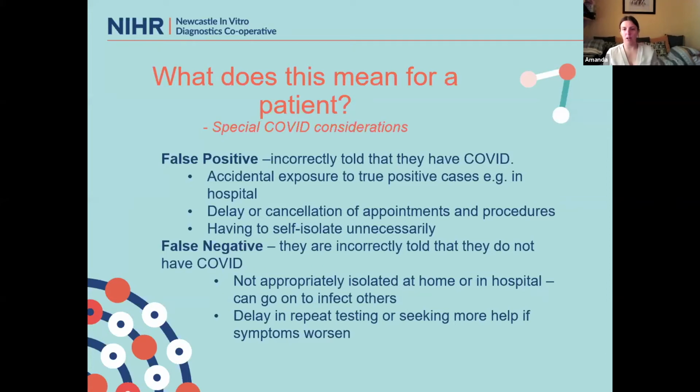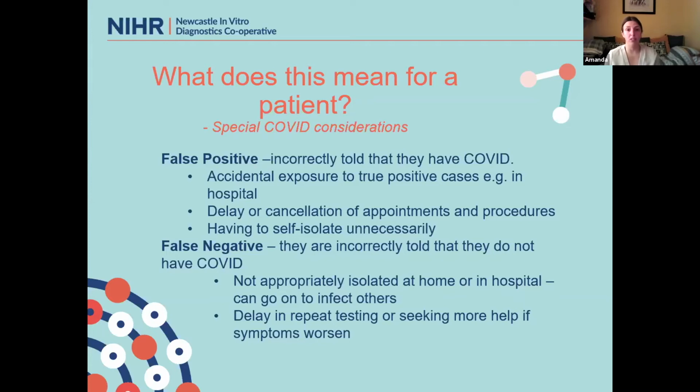Because we're talking about COVID-19 today, there are some special considerations for incorrect results of COVID-19 tests. These aren't the case for all diagnostic tests. These are just ones that I've put on here because they're specifically about the disease of interest. So having a false positive result means that a person might be incorrectly told that they have COVID.